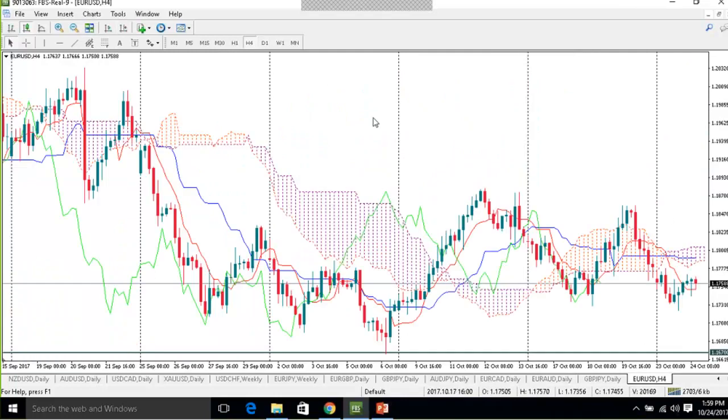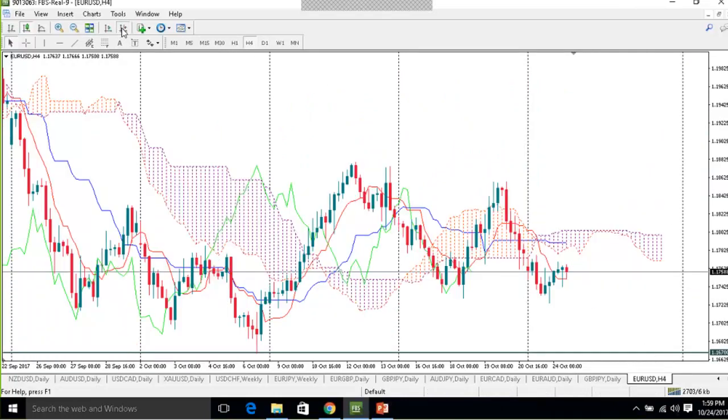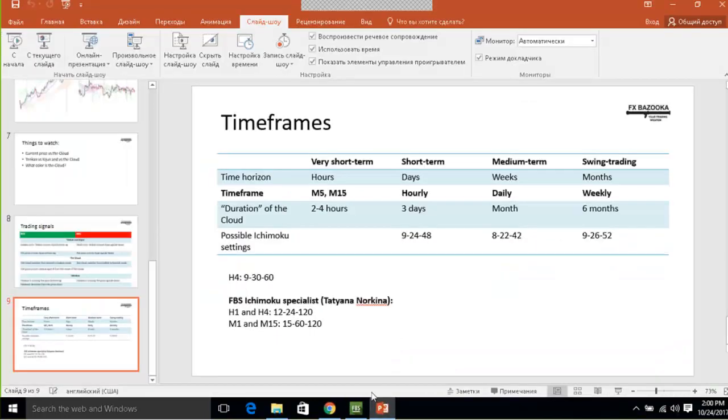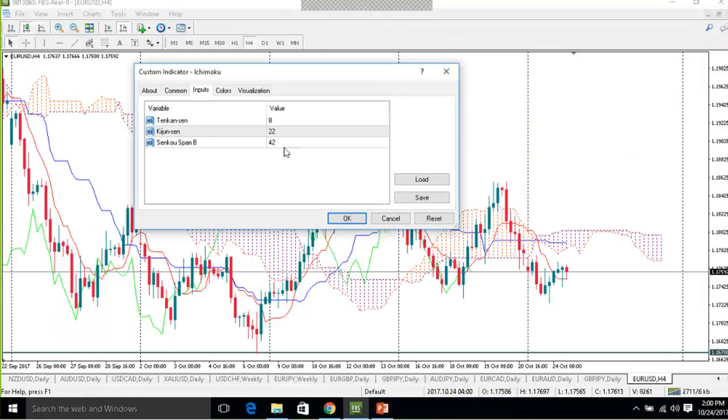On the 4-hour chart, we still have a sideways dynamics. We see that here the price has the protection of the moving average. And just to be better, I will apply the settings for the 4-hour chart, 9, 30, 60.